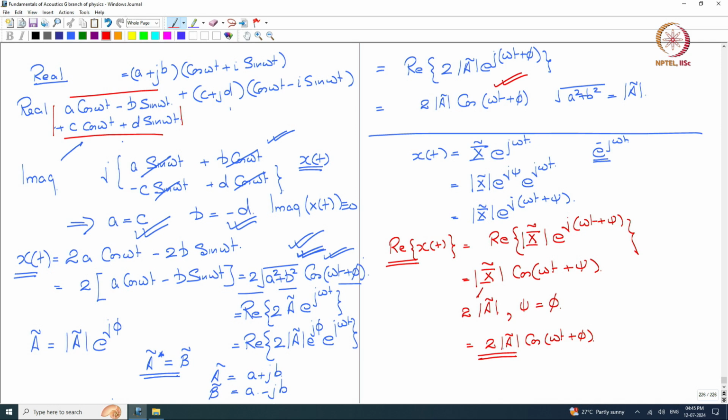Now when you have spatial variables, I have shown this only with temporal quantities. If you have spatial variables like e to the power of minus jkx or e to the power plus jkx, it becomes a little more involved, but the logic is the same.